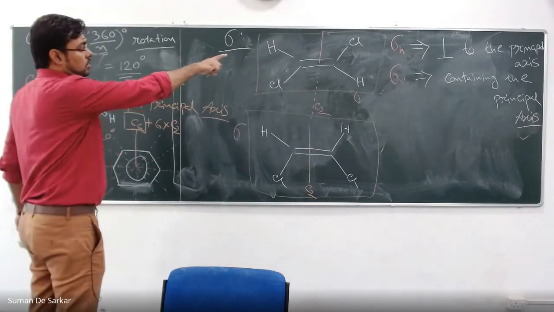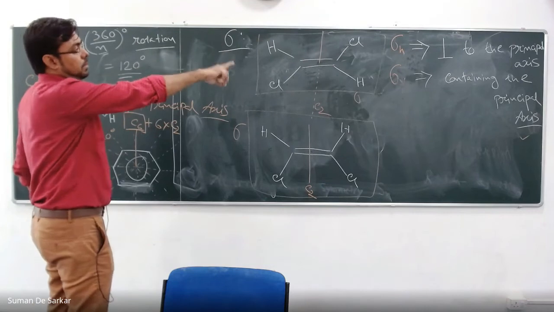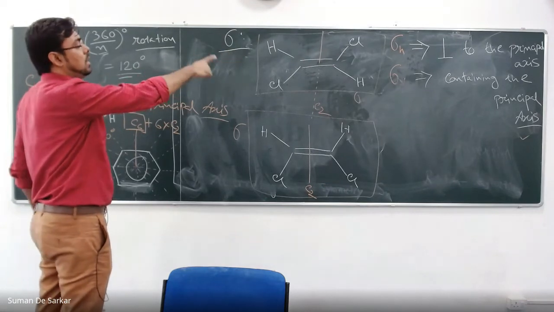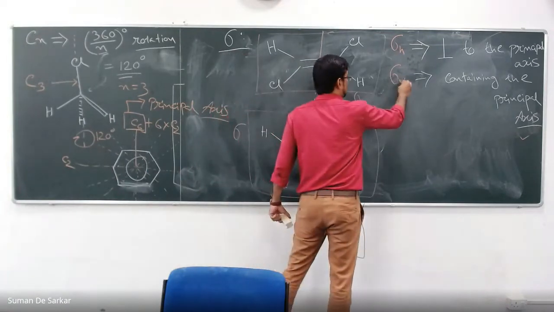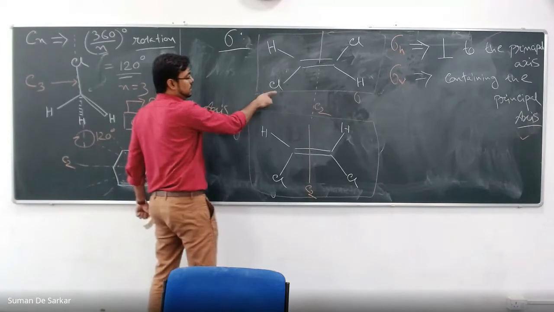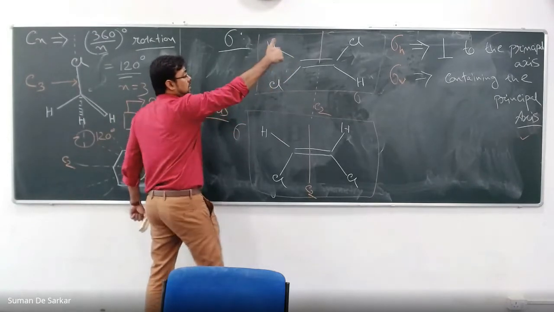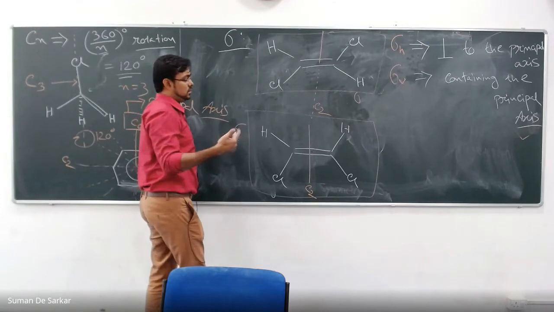Okay, so now you compare. Sigma h is nothing but the plane which is perpendicular to the principal axis, and sigma v is the plane which contains the principal axis. If you come back to these examples, the upper one, the trans, this molecule has only one Cn, so it's not like benzene.